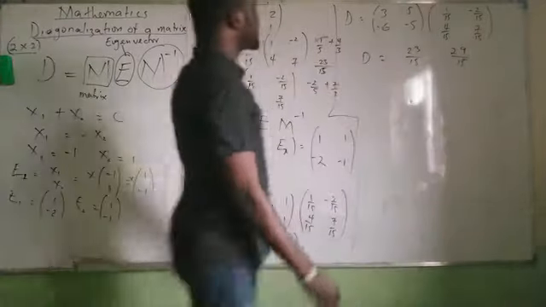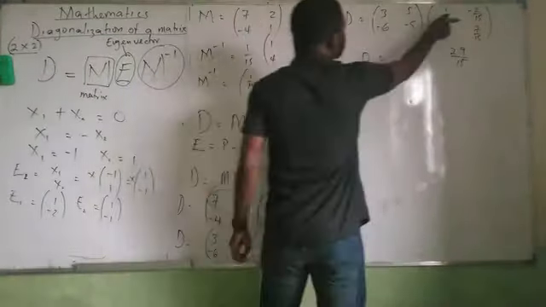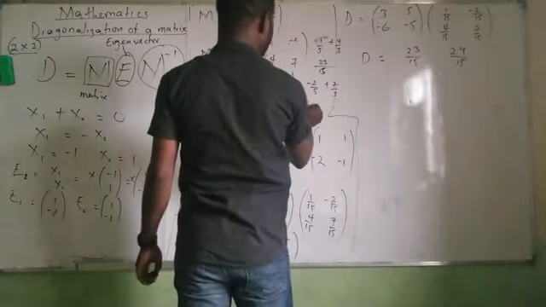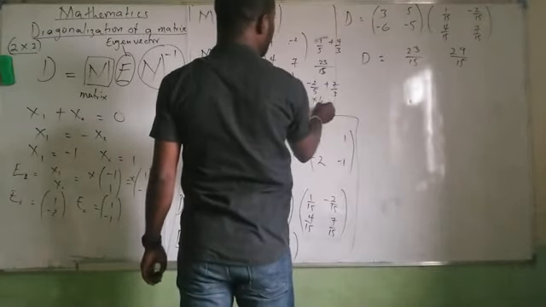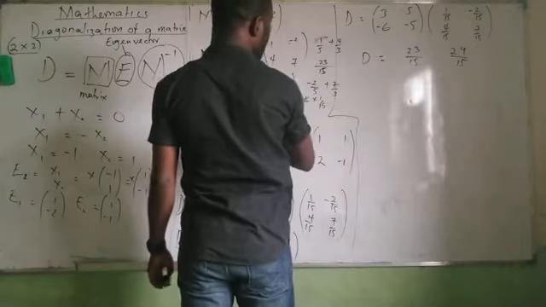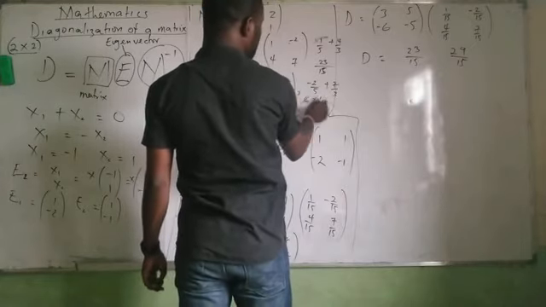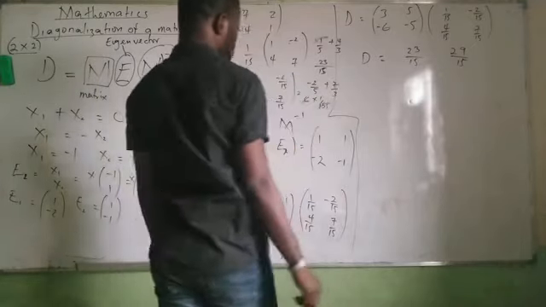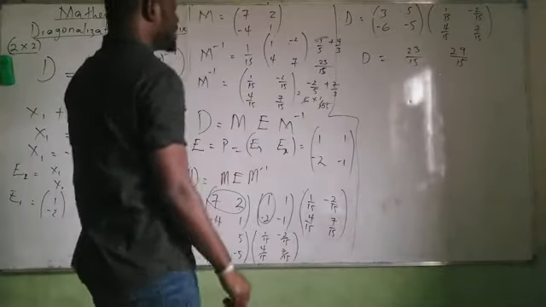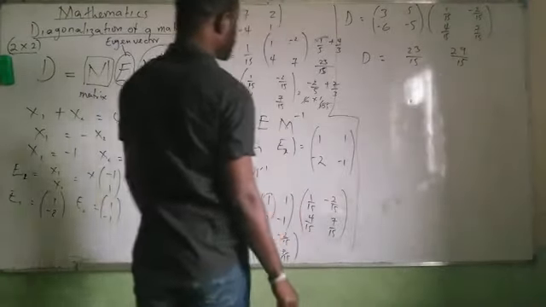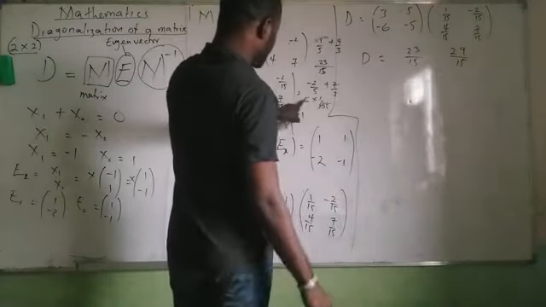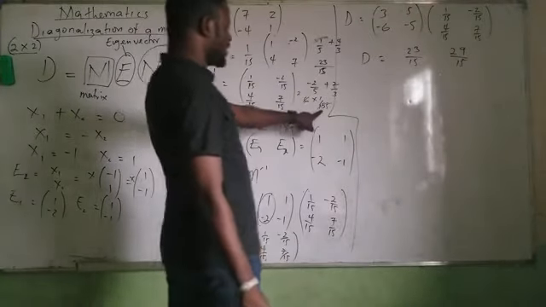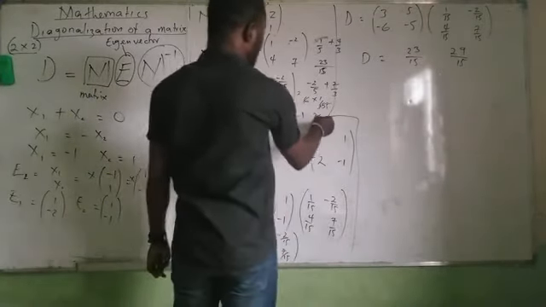The next thing, I'll be having 6 times this, which is going to be what? 6 multiplied by 1 all over 5, 15. 3 here with 2, 3 here is 5. It means I'll be having 2 all over 5.